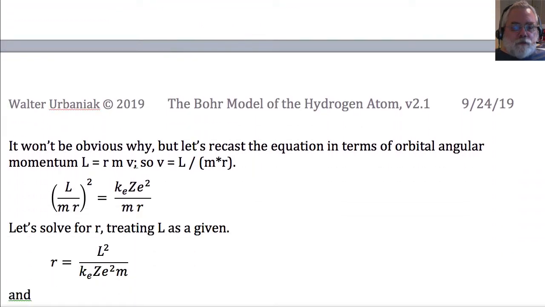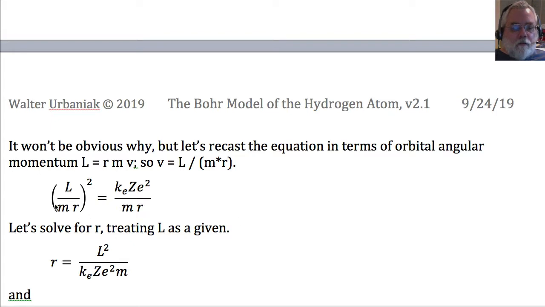It won't be obvious why, but let's recast the equation in terms of orbital angular momentum. Orbital angular momentum, capital L, equals r m v. So velocity v equals L over m times r.